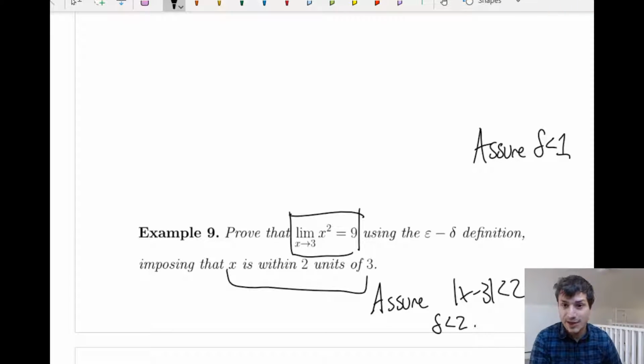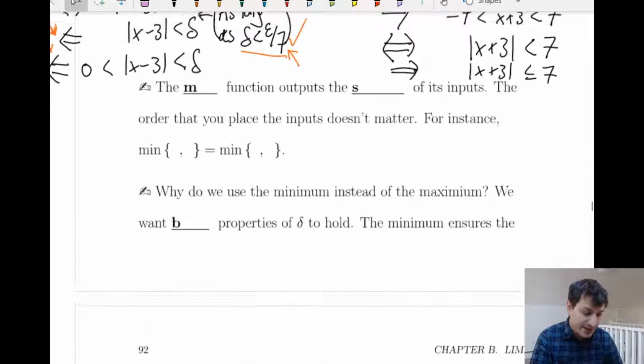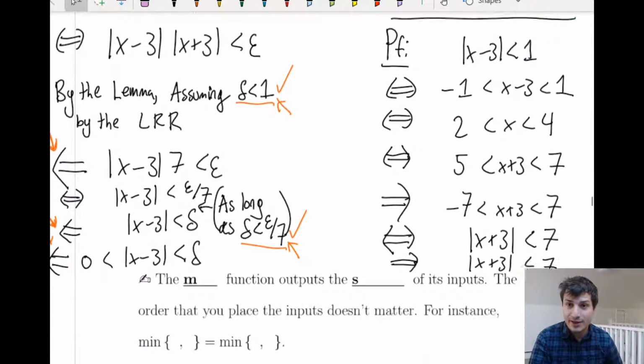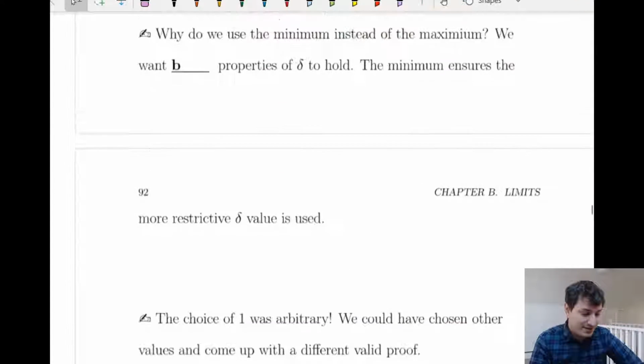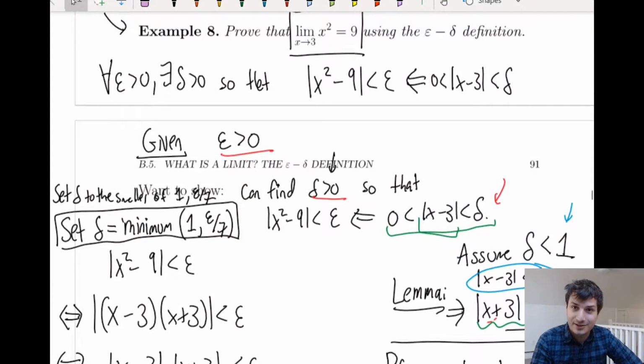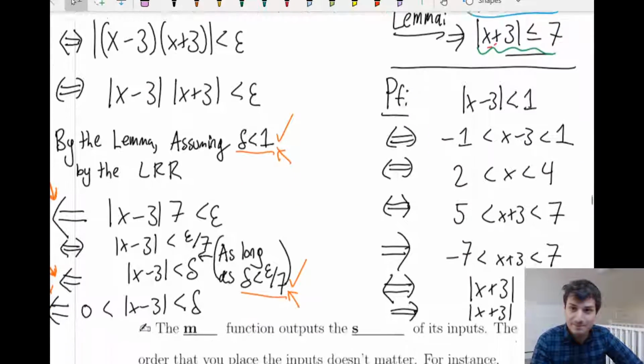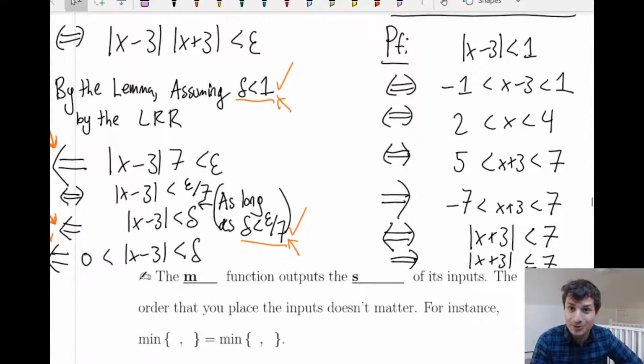So example 9 is a really good one to try, because if you understood what we did in this video, example 8, you should be able to figure out example 9. It's going to be very similar, but there's going to be one slight wrinkle of assuming that delta is less than 2. Okay. So that's the cleaner version of example 8, and hopefully you're able to try example 9.